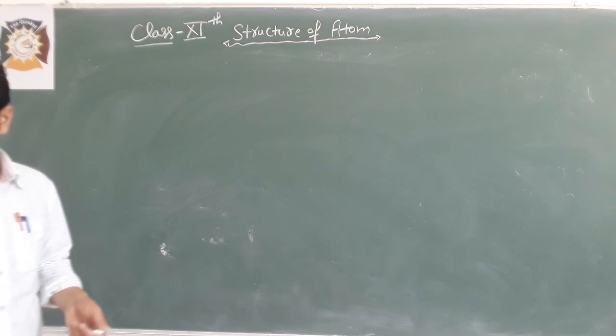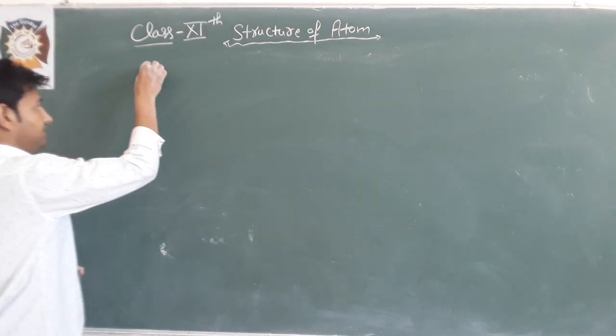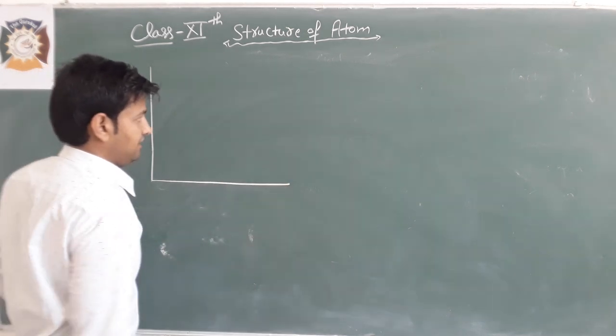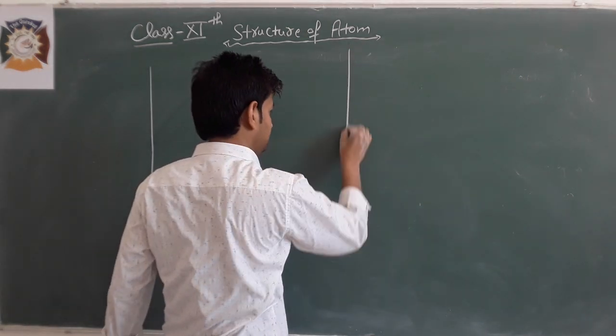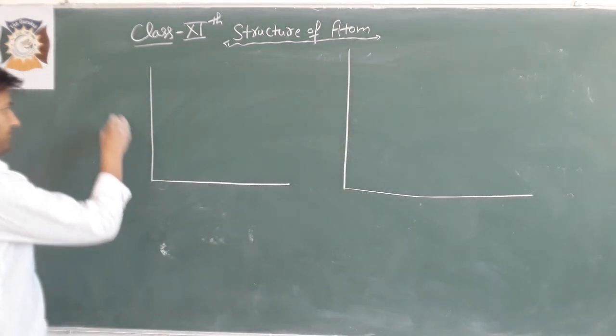The velocity of the ejected electrons, we can understand with the help of a graph. Kinetic energy of photoelectrons.